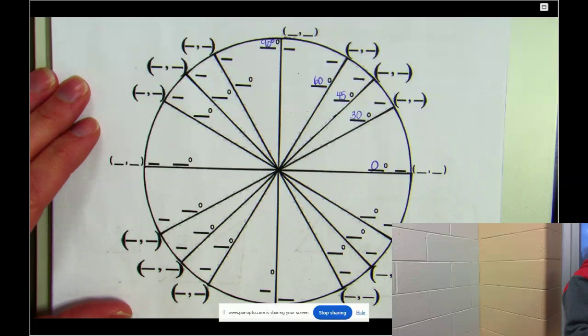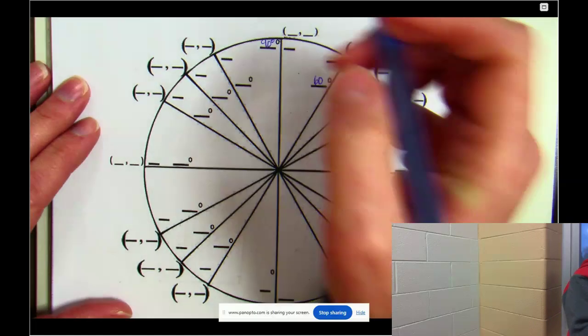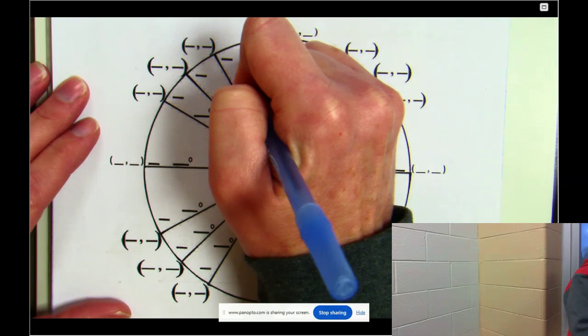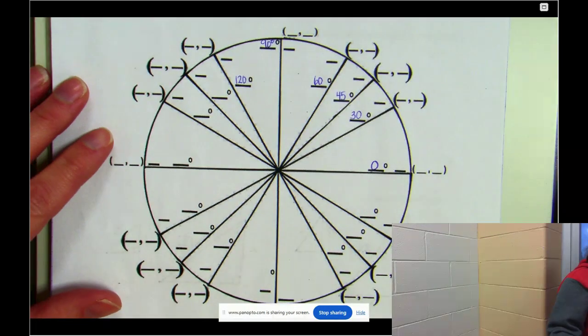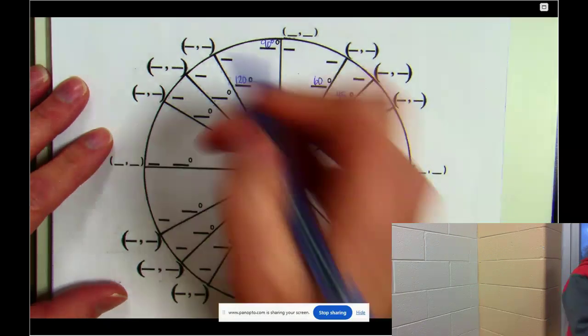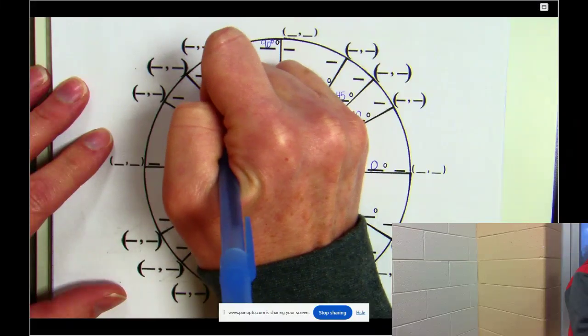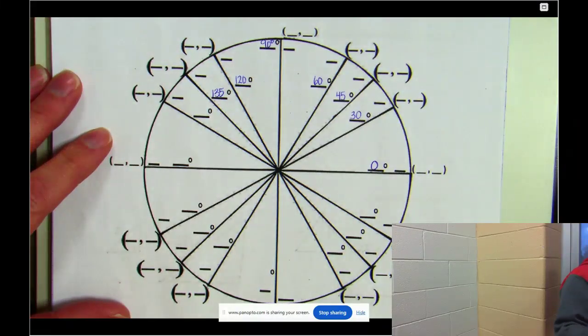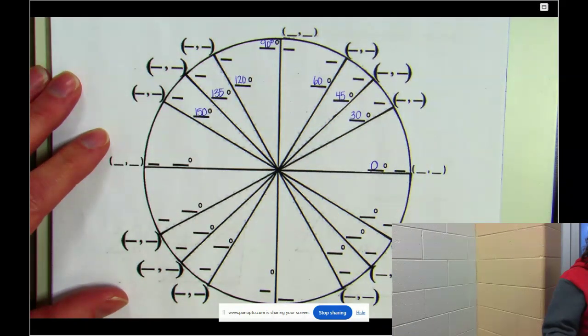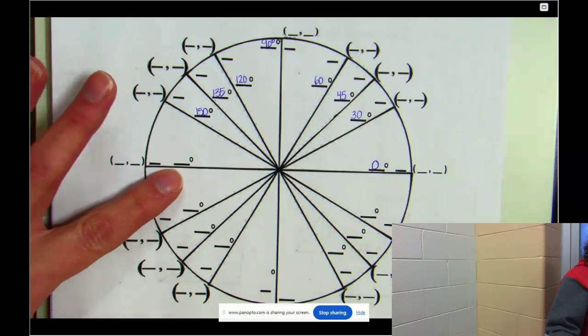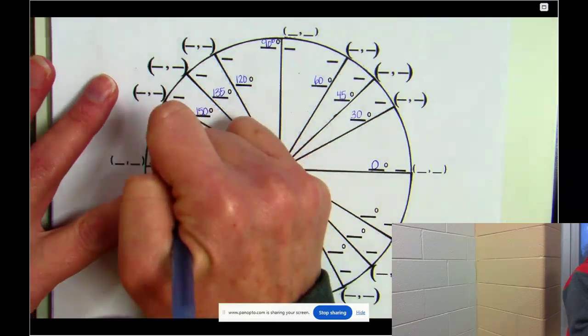Okay, this one is 120 degrees, just another 30 beyond. This is 135. This is 150. And what's this guy? 180 degrees.